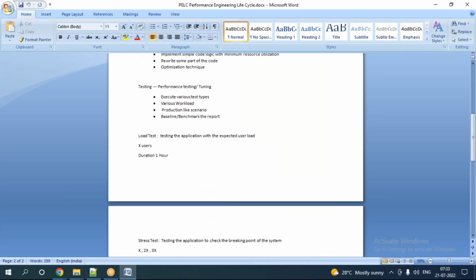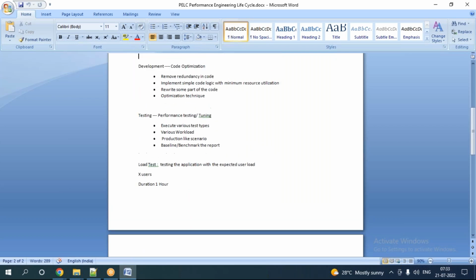Next one is when developers are focusing on the coding part. Performance engineers will think about the optimization part: how to do things in an optimized way. What are the optimizations you will think about? One is removing redundancy in the code.